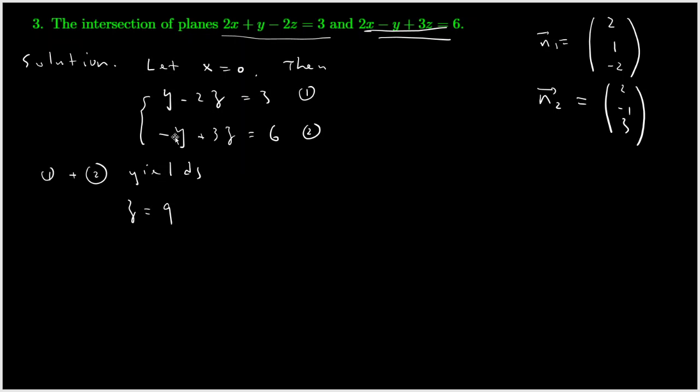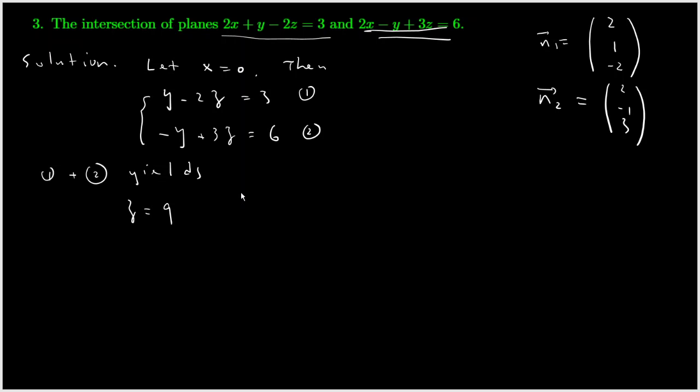Y plus negative y is 0. Negative 2z plus 3z is equal to, I hope I did not copy anything wrong, z. So on the left hand side you have z, right? And then you add 3 and 6, I mean. On the right hand side you have 9, right?